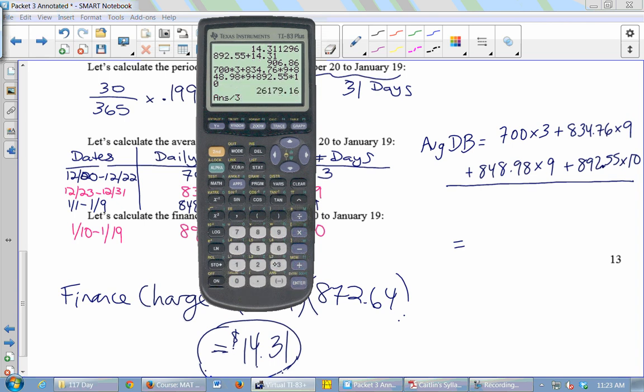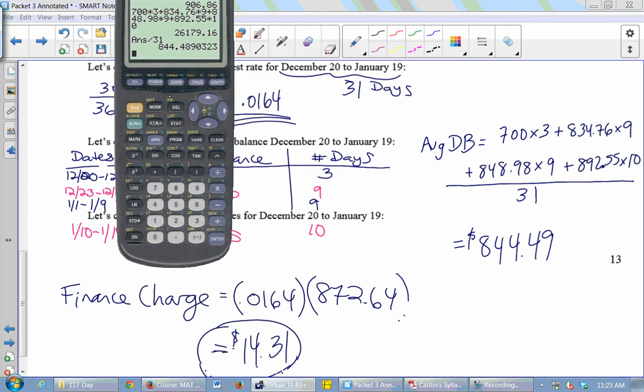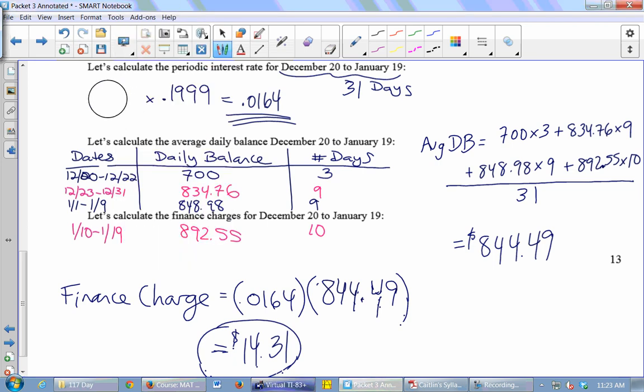Divided by 31. So my average daily balance is actually 844.49. So now I'm going to change this number. Yes, it will. It will also change the periodic interest rate.